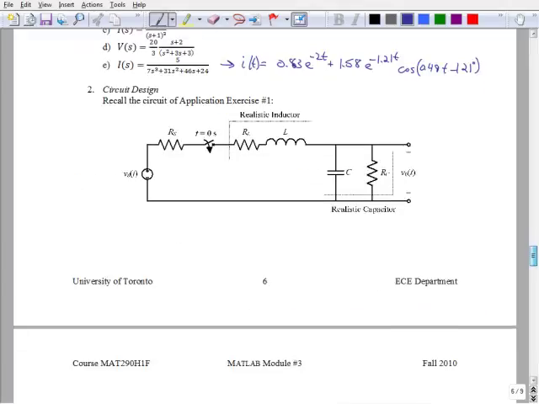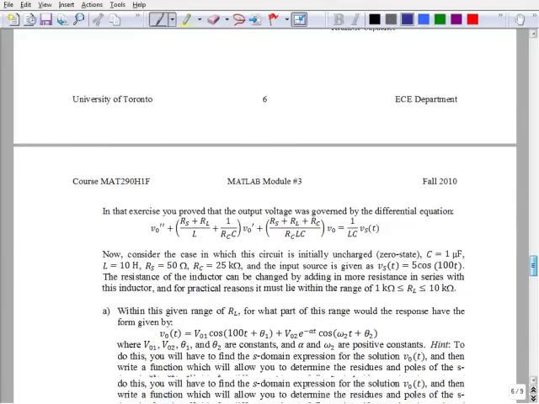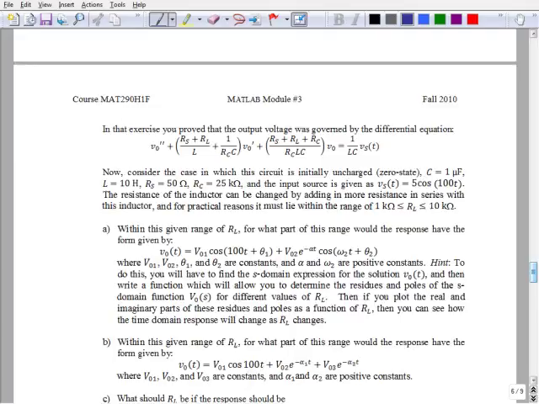And so since we have this characteristic equation given by this, where A and B are related to these quantities in terms of the circuit, what we can do is calculate A and B for a range of RL.